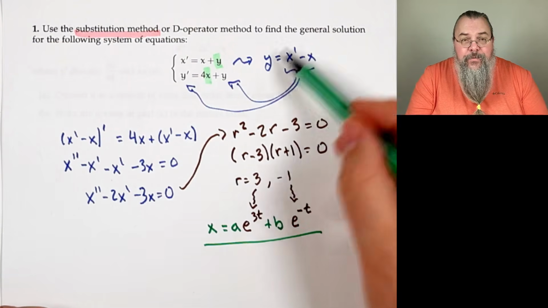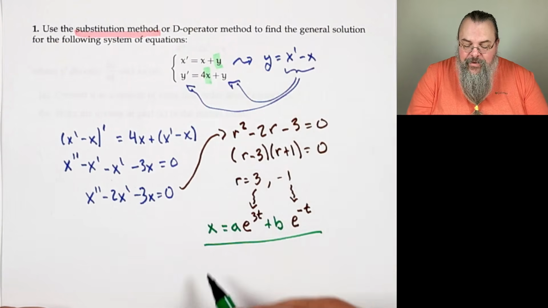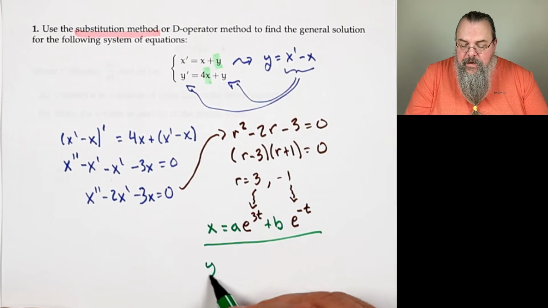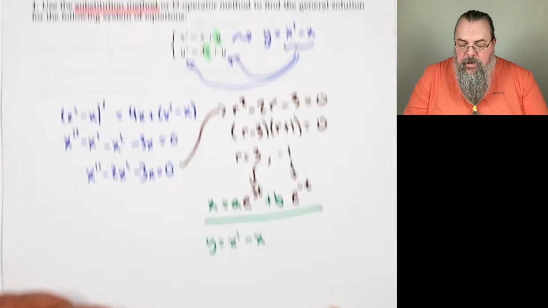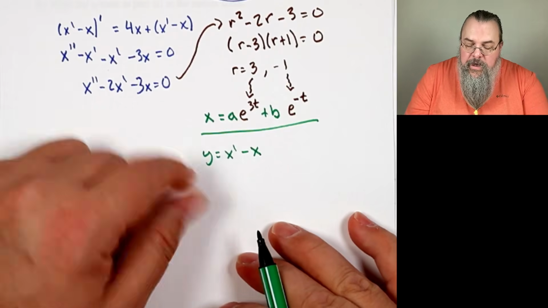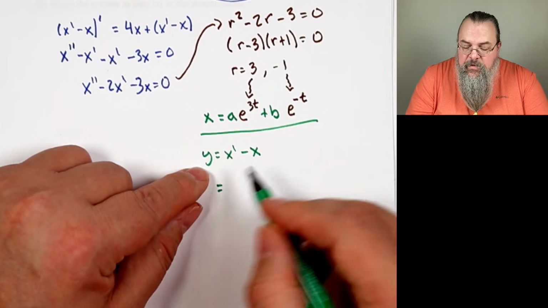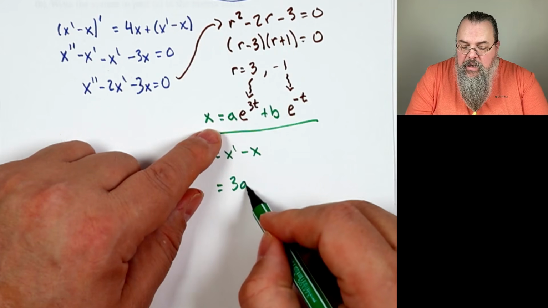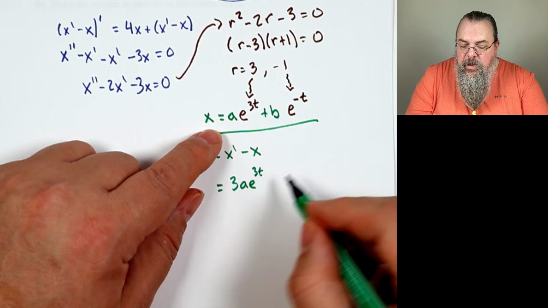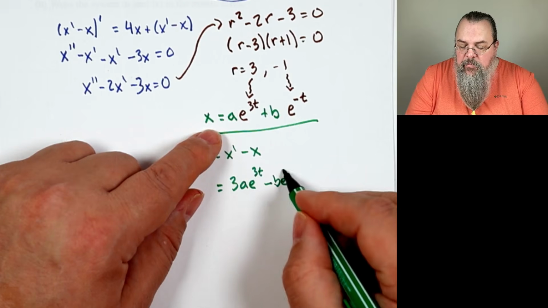Well, that's where this formula comes in. So we say, okay, y is x prime minus x. And so, well, we know what x looks like. So we say x prime would be taking the derivative: 3a e to the 3t minus b e to the minus t.